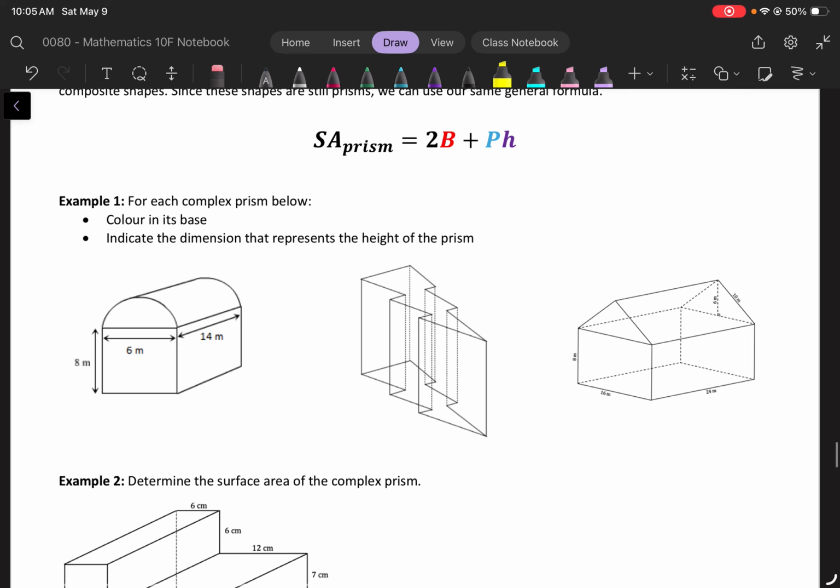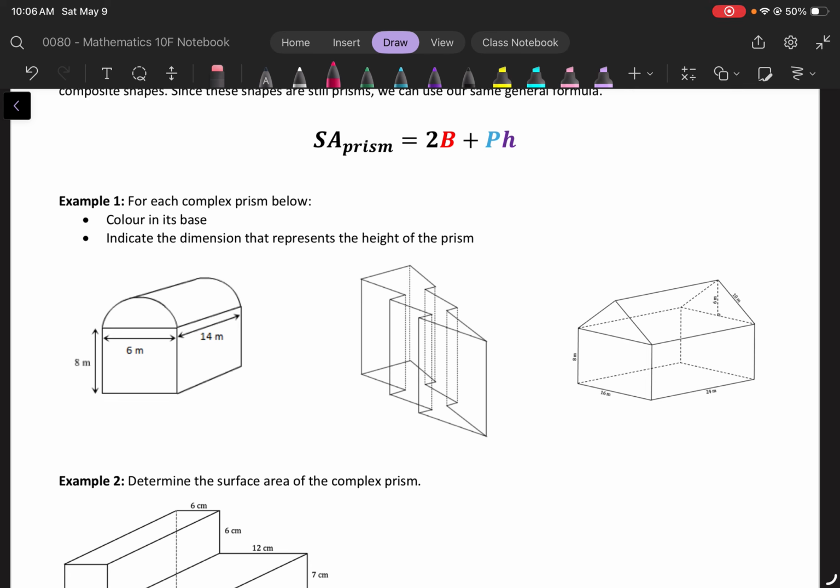So below here, I have three complex prisms. And just like we did before, we are going to shade in the base and we're going to label the height of the prism, keeping in mind that the base will always be identical and parallel to the second base in this prism. And all of the other remaining sides, if I were to unfold this, would make one large rectangle, right?